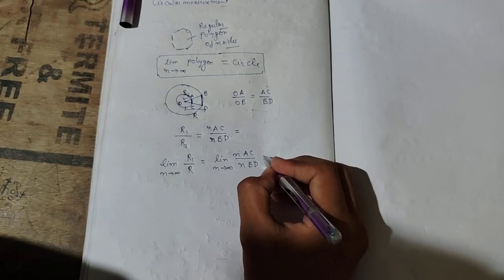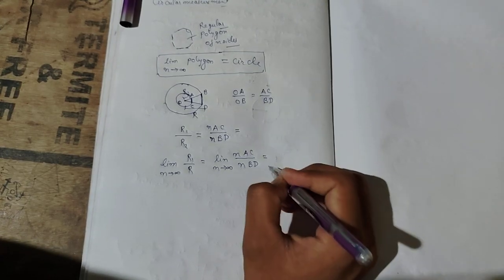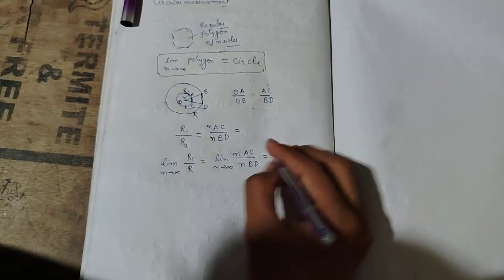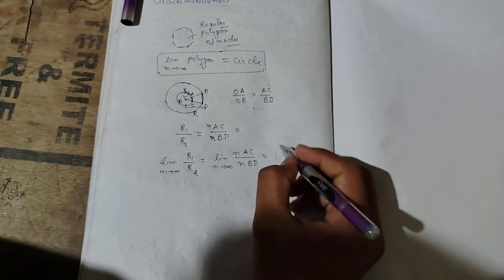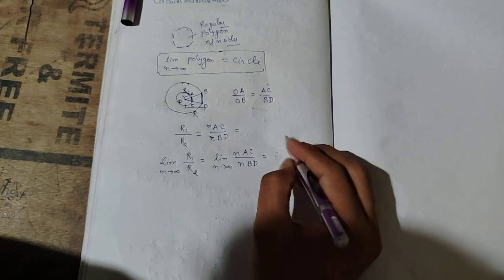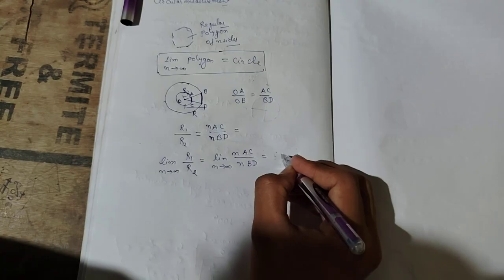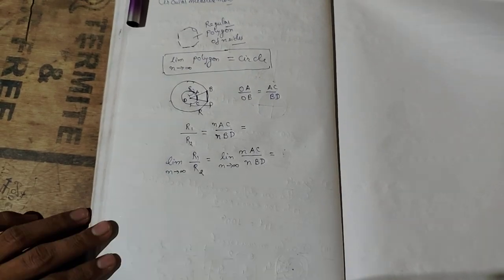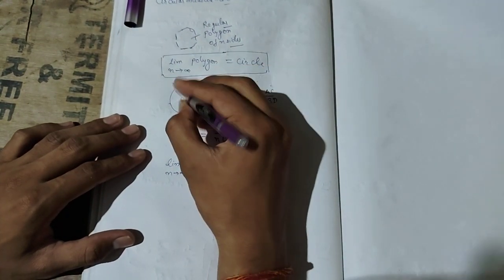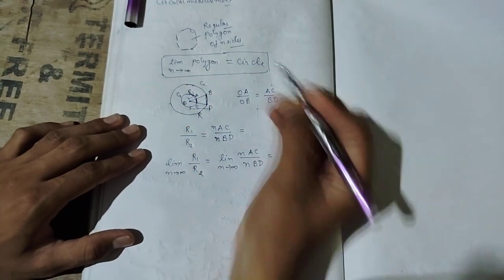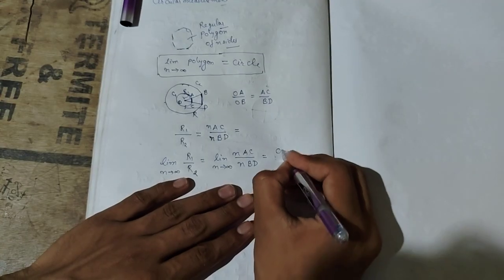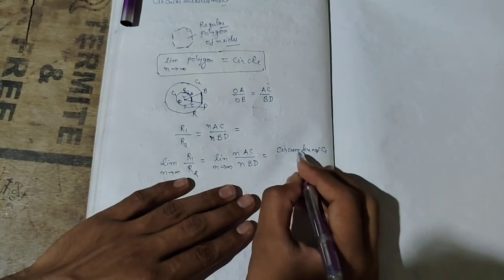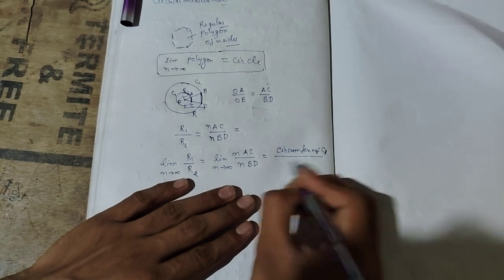And that's simply the circumference. Let's say this is C1 and this is C2, so that is the circumference of C1 by the circumference of C2.